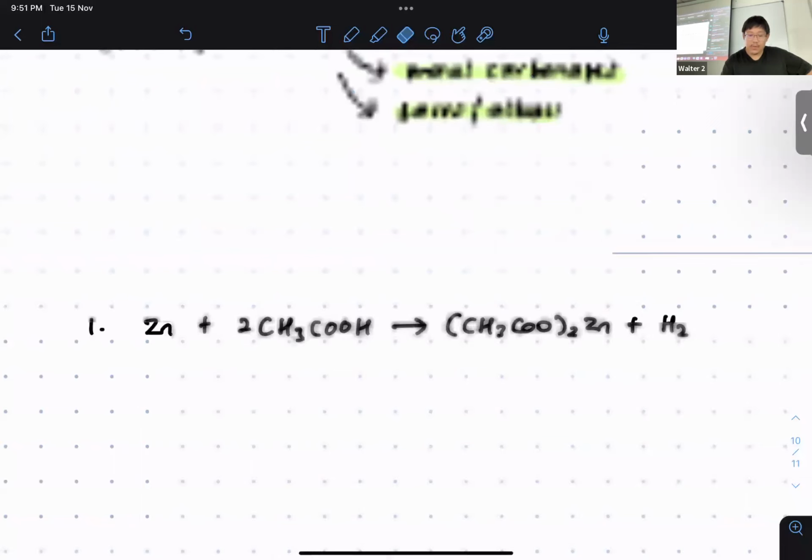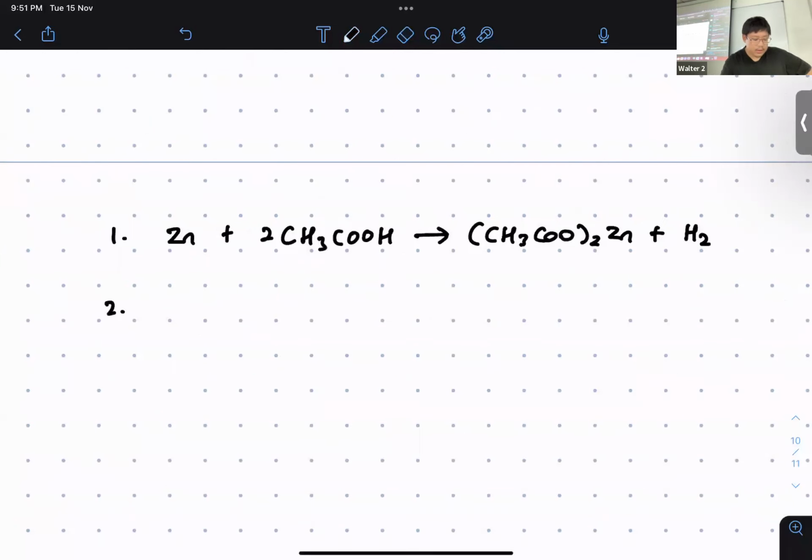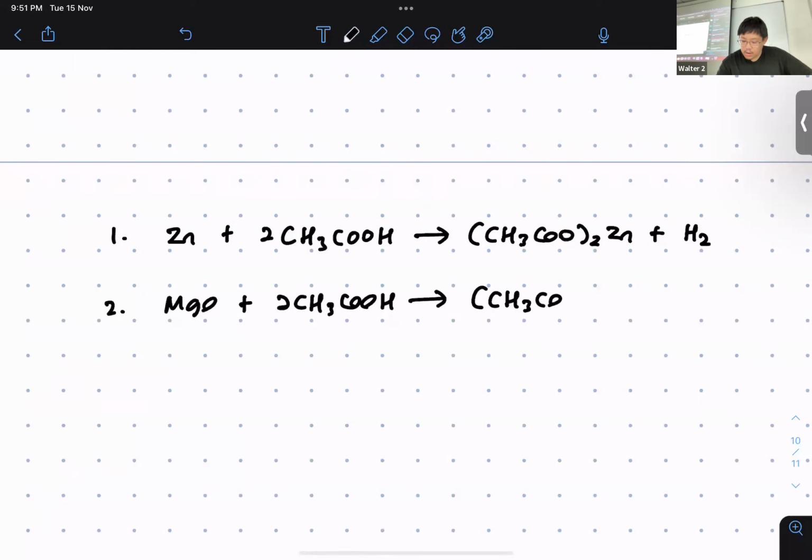And then for the second one, we can talk about the metal oxide. For example, let's take MgO. Magnesium oxide can react with ethanoic acid as well to form magnesium ethanoate plus water.